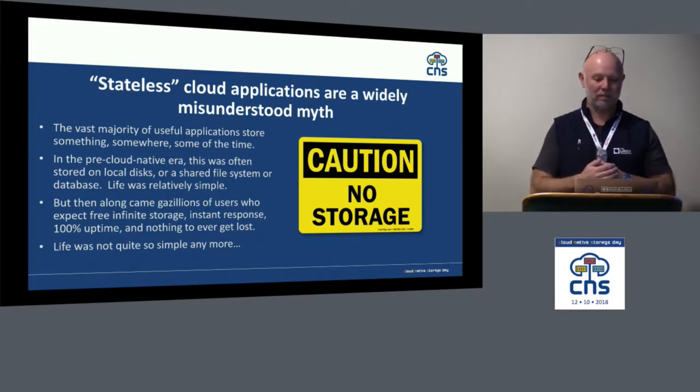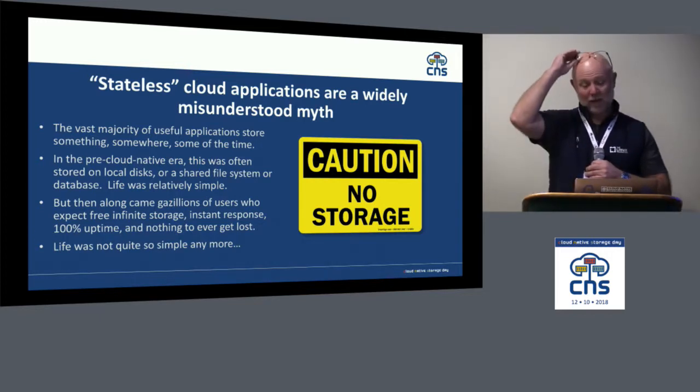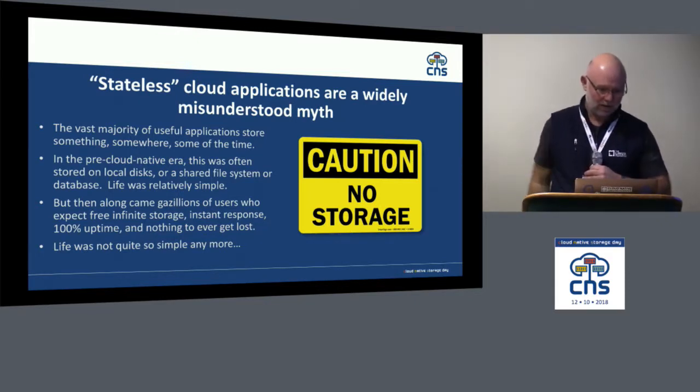And life was simple. Then along came the internet generation, and all of a sudden, applications changed pretty fundamentally. So you had gazillions of users. They all expect free infinite storage, instant response, 100% uptime, and nothing ever gets lost. And that all seemed pretty reasonable because that's what you want.